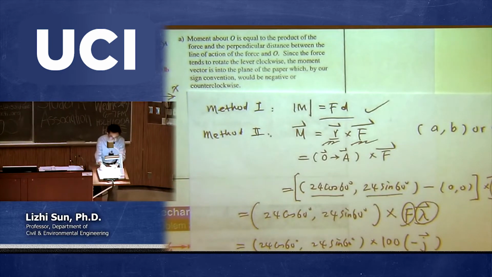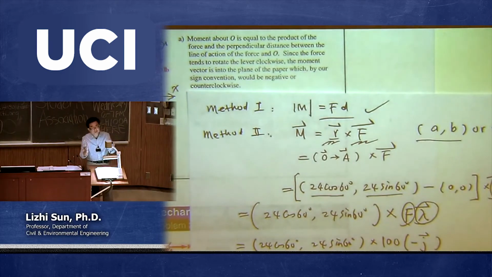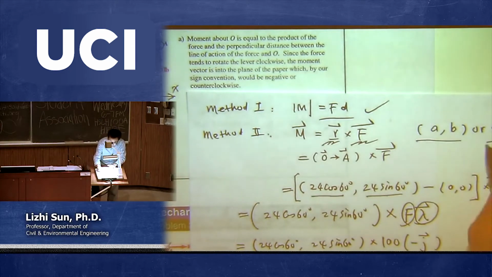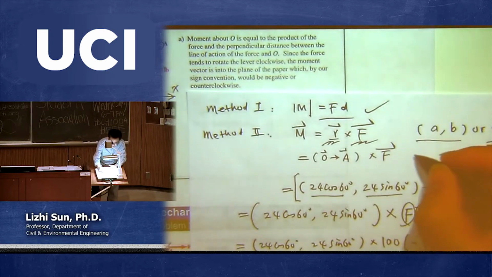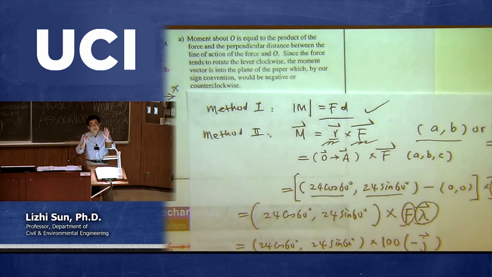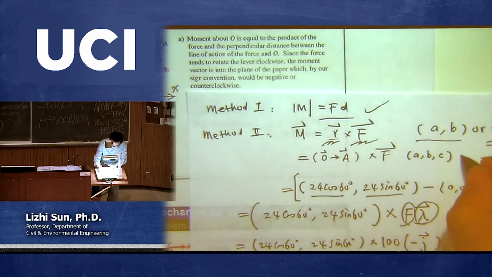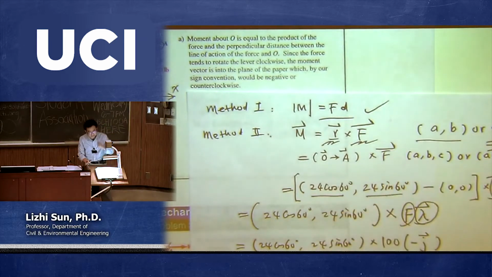Either way, that's the same thing. Or three-dimensionally, if you say A, B, C, which are the three components of that vector, that is equivalent to AI plus BJ plus CK. Sometimes I write it one way, sometimes the other way. Okay. Now back to this.